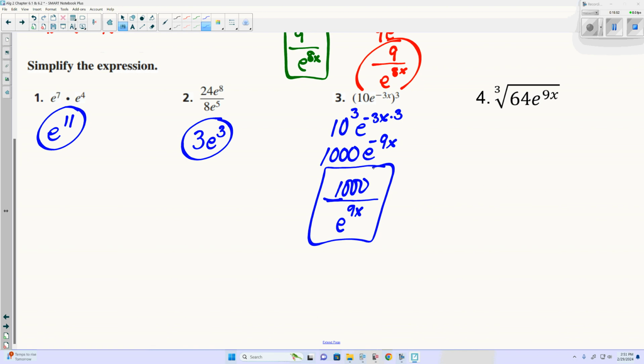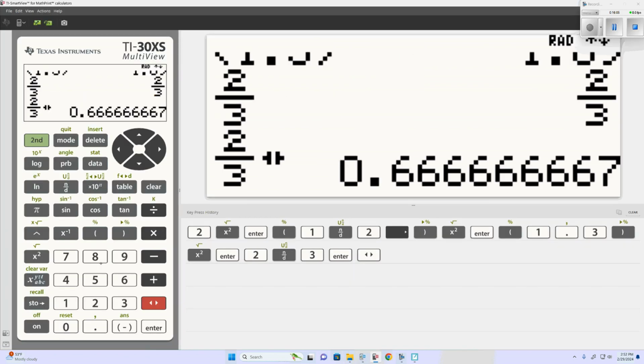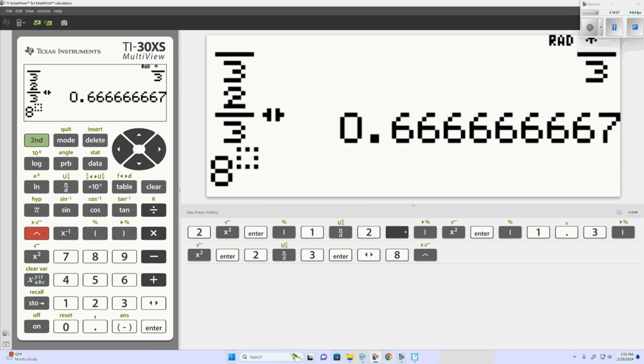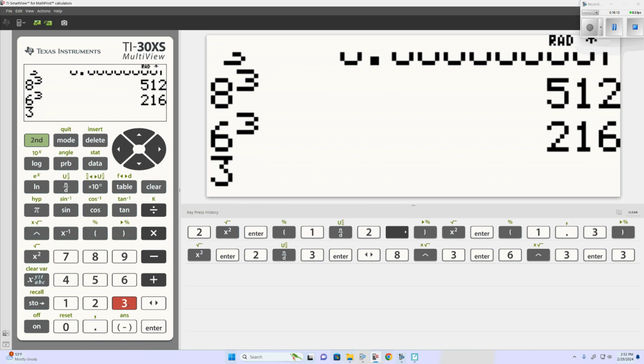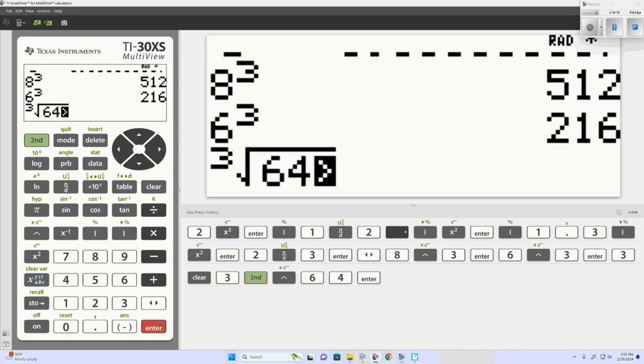Now, the cubed root of 64e to the 9x. Well, we need to take the cubed root of 64. The cubed root of 64 is 4.